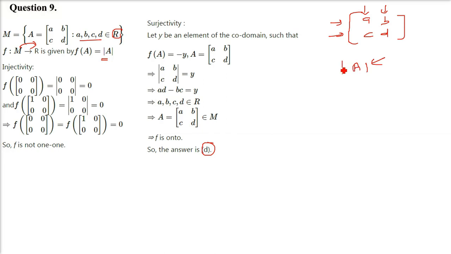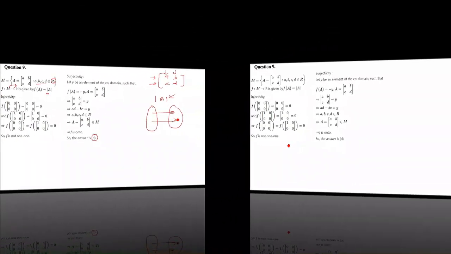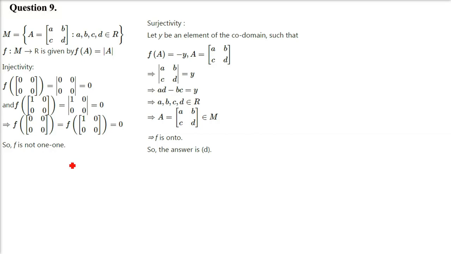Let us prove that it is not 1 to 1. We will take some random values, very simple values, which will be more efficient here. You can vary them while answering in your copy or examination, because I am trying to say that 1 to 1 will not be there. So we do it here. Random values, as I said, just take the first value as 0 0 0 0.